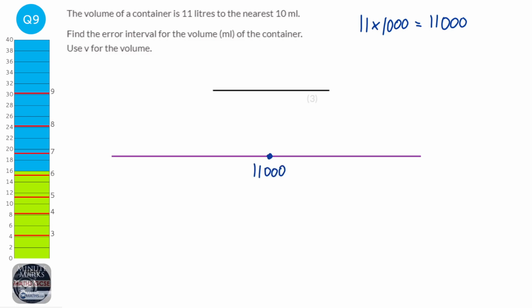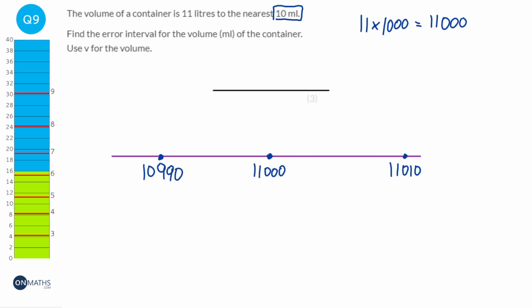Now, what would be the next one down if we're looking at to the nearest 10 mil? So we're going to add a 10 mil on, which will be 11,010. And we're going to take the 10 mil away. So 11,000 take away 10 mil would be 990.